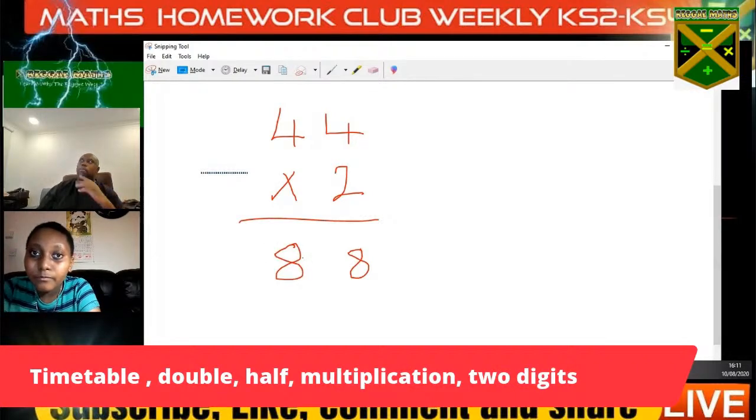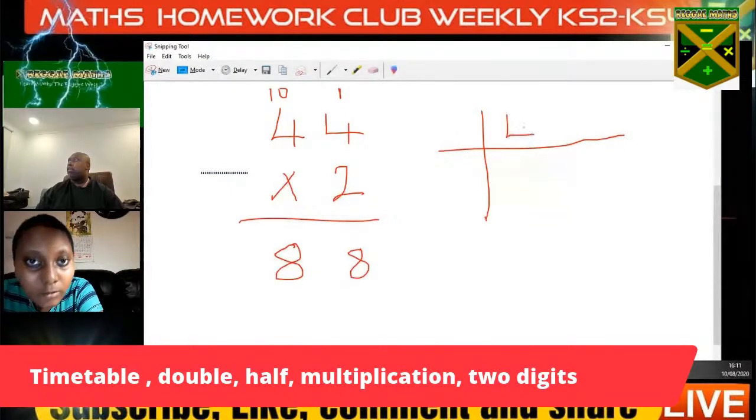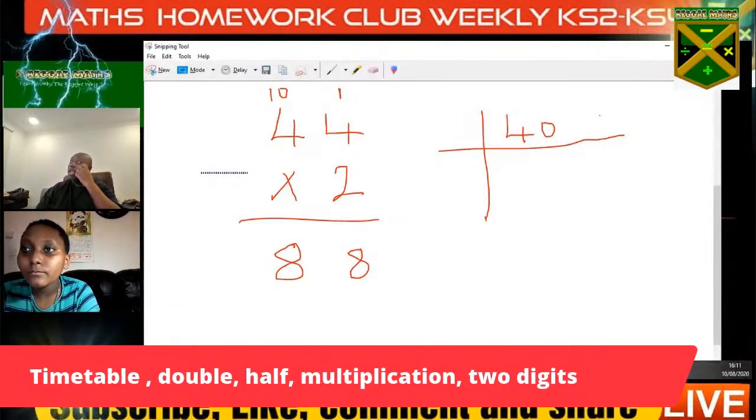Now, let's split this up, Denzel. 40. This is my 10. This is my unit, yes? So I'm going to rewrite this another way. I'm going to say this is 40, that's my 10, that's my unit, and I'm going to multiply by 2.